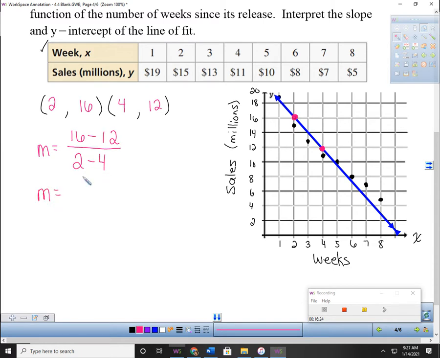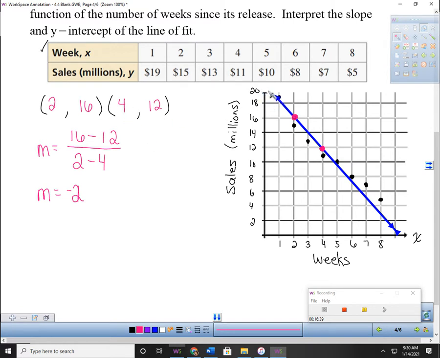So that's going to give me 4 over negative 2. It's negative 2.